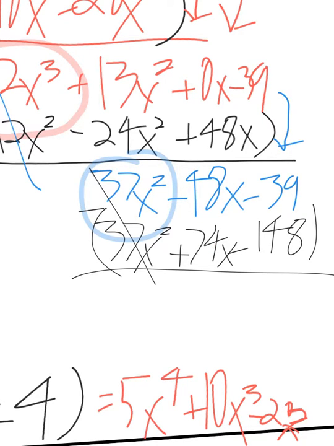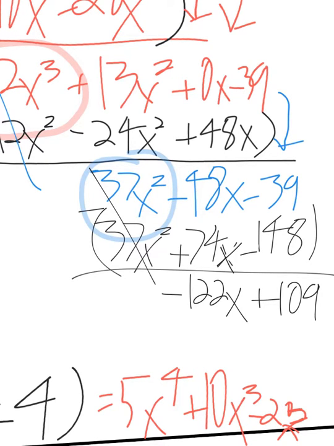So that's going to be negative 122x. And then you have negative 39 minus a negative 148. Let me move this negative over. And that's going to be positive 109 because it becomes negative 39 plus 148. So positive 109. And so this is my remainder.